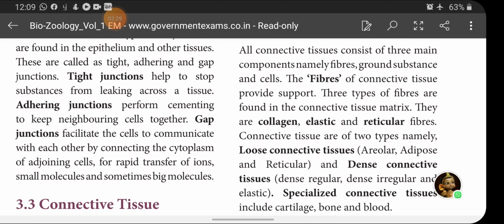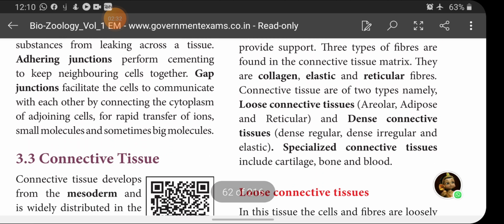Connective tissue is of three types. One is loose connective tissue, another is dense connective tissue. In loose connective tissue, areolar, adipose and reticular tissues are examples. For dense connective tissue, dense regular, dense irregular and elastic types. And the third is specialized connective tissue, which includes cartilage, bone and blood.